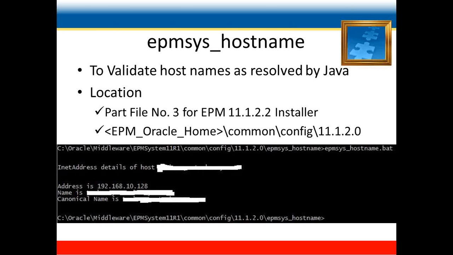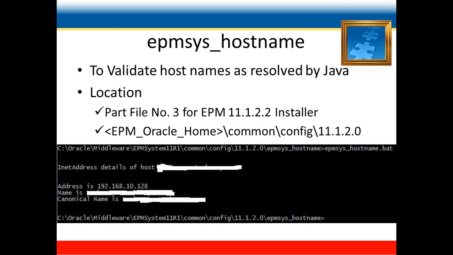and the utility works on the same principle. You can locate this utility in the installer files that come up after downloading Oracle Hyperion EPM products. You will find this utility in part file number 3 for the EPM 11.1.2.2 installer files.